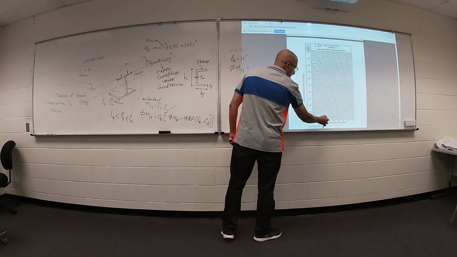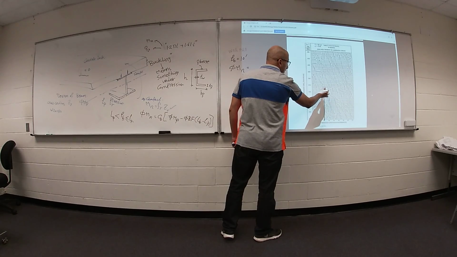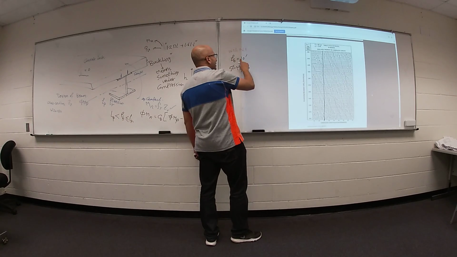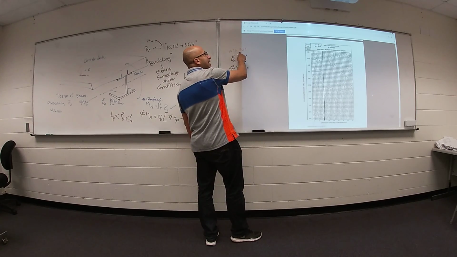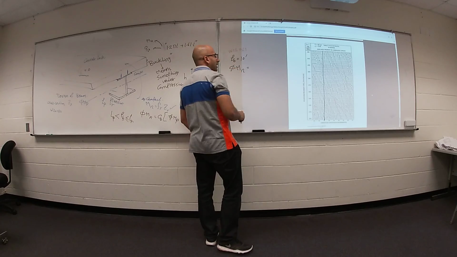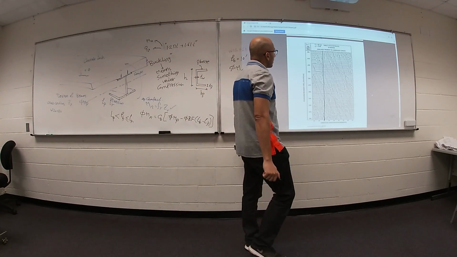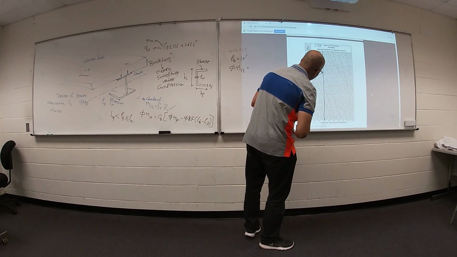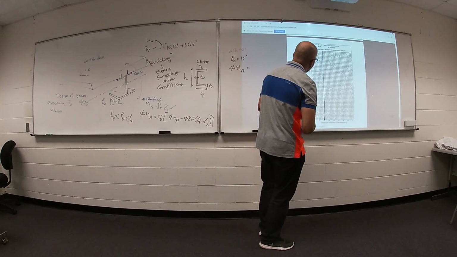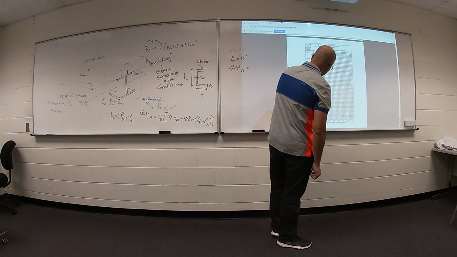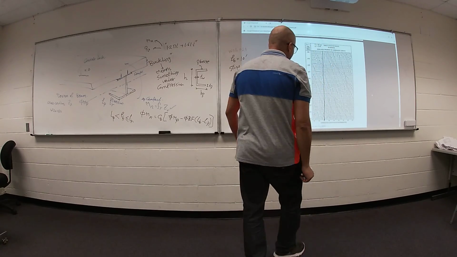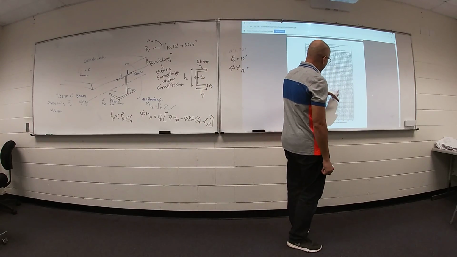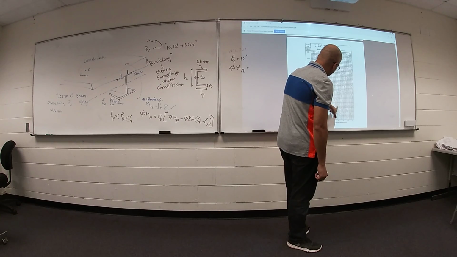Go up until you hit this name of cross section, W14 times 21. Where is W14 times 21? Do you have it? We have here 14, 1461.